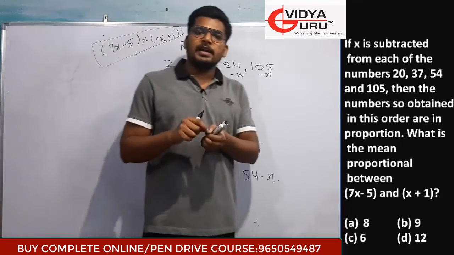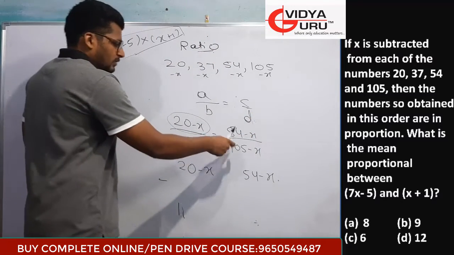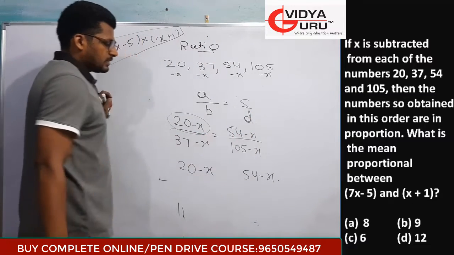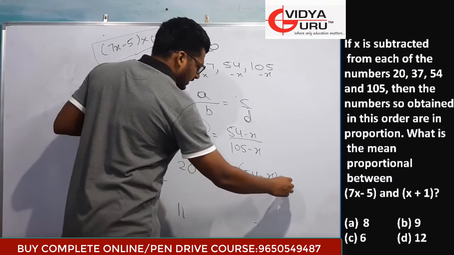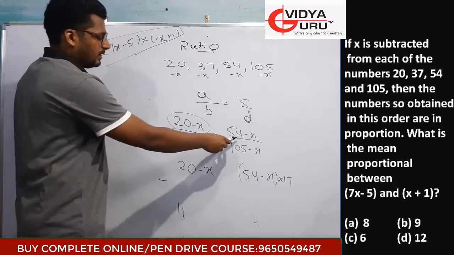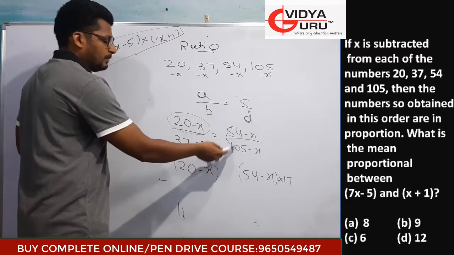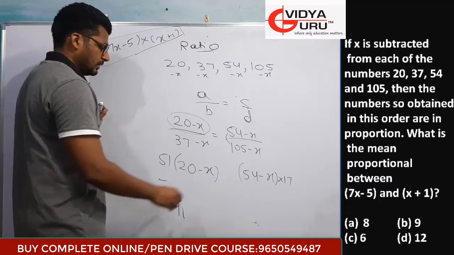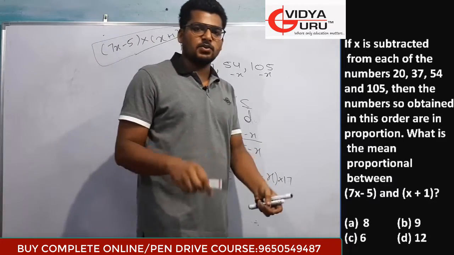Actually we are not doing anything but balancing the ratio again. What is the difference of this? 105 minus this is 17, we will multiply by 17 here, and what will it be here? 51. What is the difference here? 51. We will multiply it by the difference of this here, and this will become equal because we have balanced the ratio by doing this.